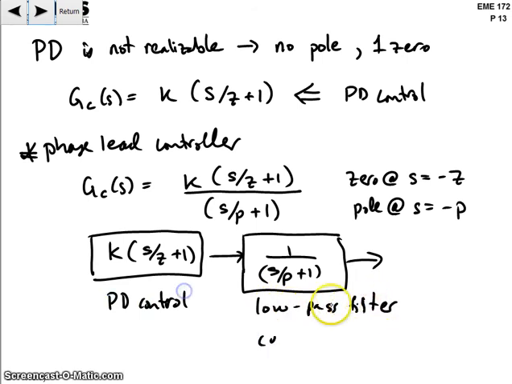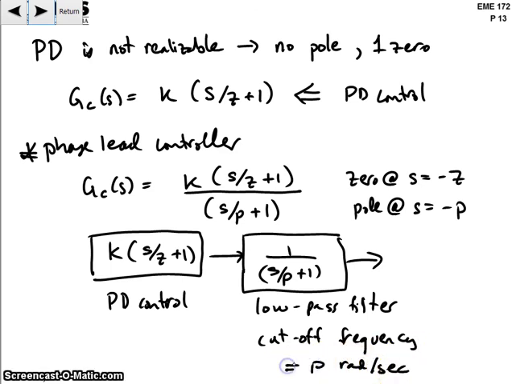It turns out that the cutoff frequency is P radians per second. So we can choose this pole to act like a low-pass filter.